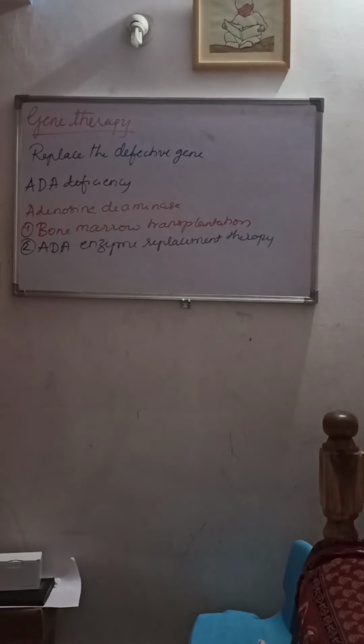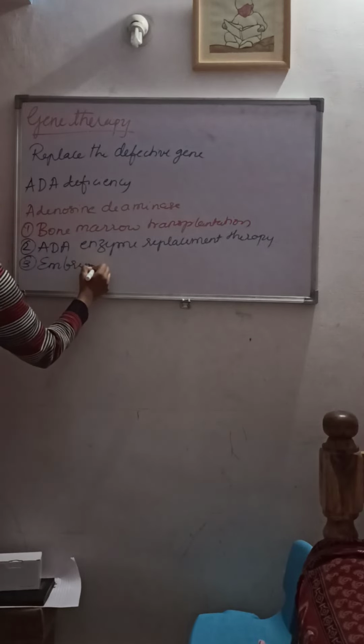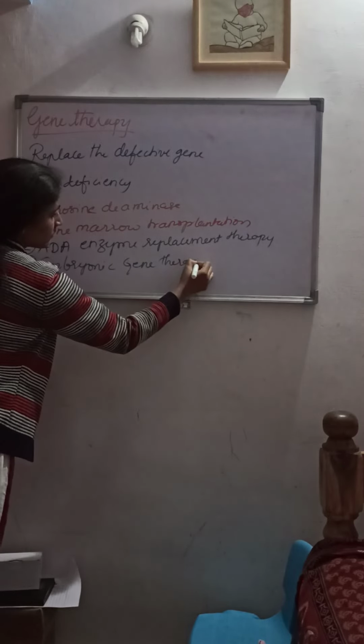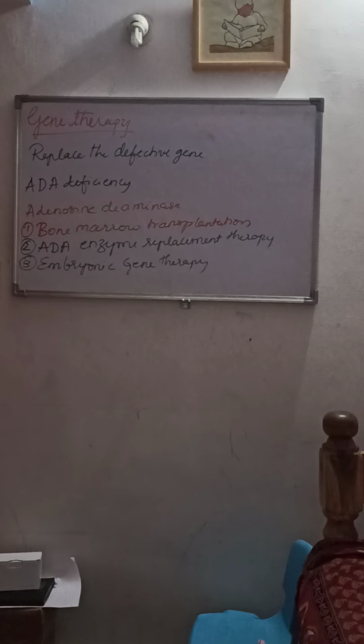The third one is embryonic gene therapy. That is also one method of treating ADA deficiency. So what are the three methods to overcome ADA deficiency? One is bone marrow transplantation, the second is ADA enzyme replacement therapy, and the third is embryonic gene therapy.